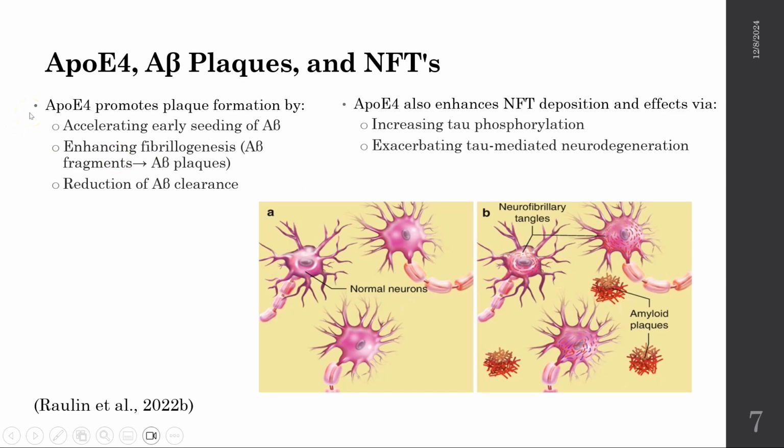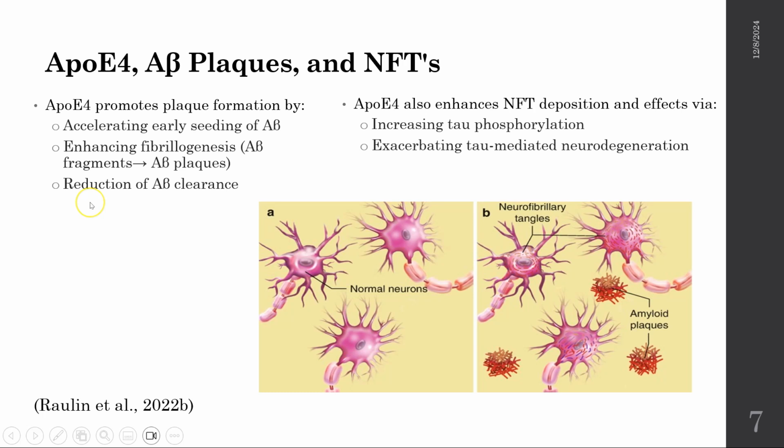APOE4 promotes plaque formation in several ways, including by accelerating early seeding of beta amyloid. So in Alzheimer's patients with APOE4, we do see the presence of beta amyloid plaques in earlier stages versus patients who do not have APOE4. It also enhances fibrillogenesis, which is the aggregation of beta amyloid fragments into beta amyloid plaques.